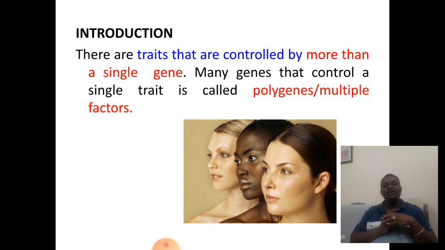I want you all to recollect back your memory. We know that Mendel has called genes as factors. So when polygenes control a character, poly means many, genes here referring to the factors. So multiple factors will be involved in this kind of inheritance pattern.